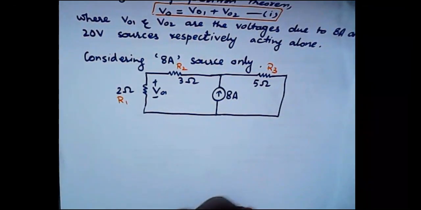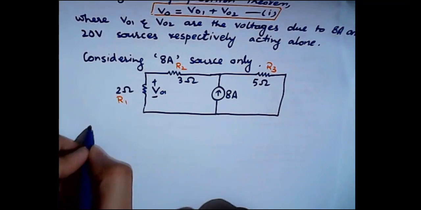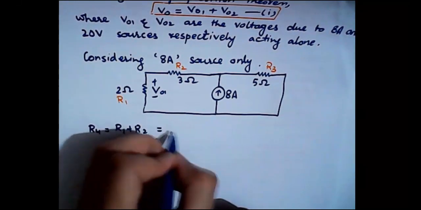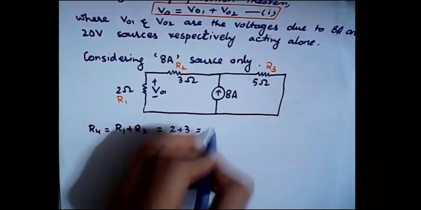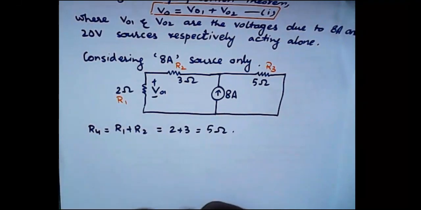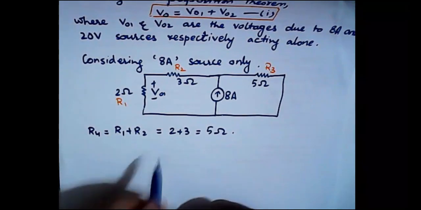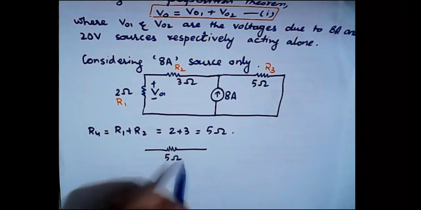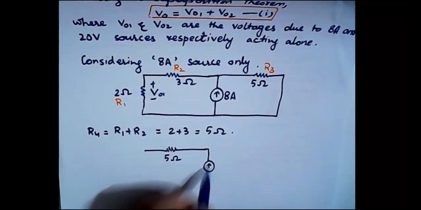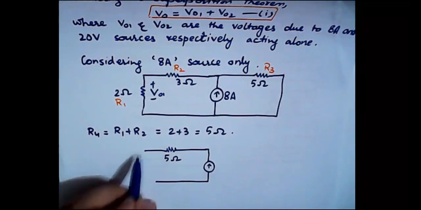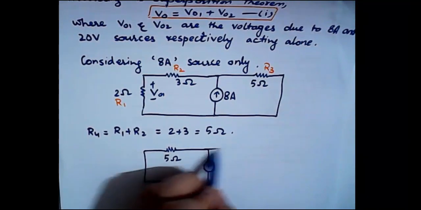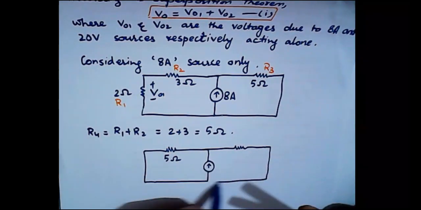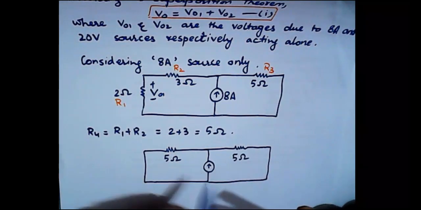and we can write R4 is equal to R1 plus R2 is equal to 2 plus 3 is equal to 5 ohms, right? And now if we draw the circuit, it will be like this: 5 ohms, and 5 ohms, right?